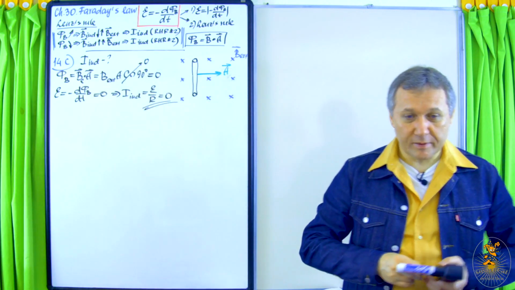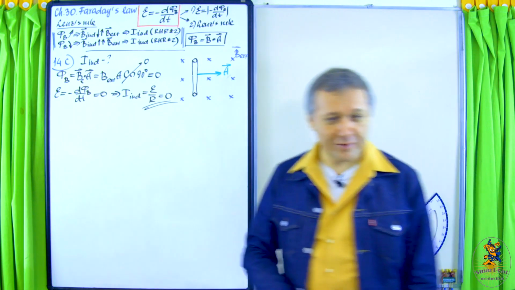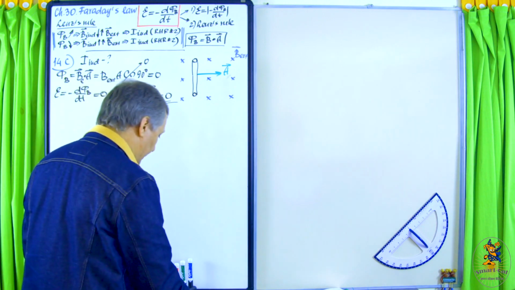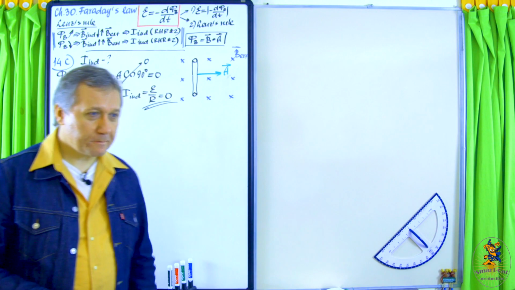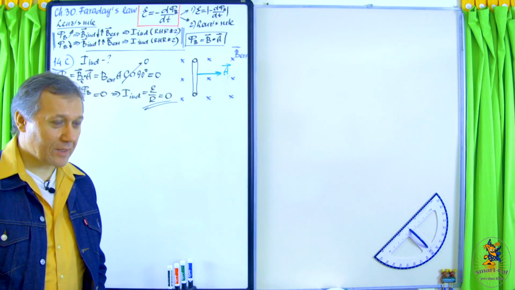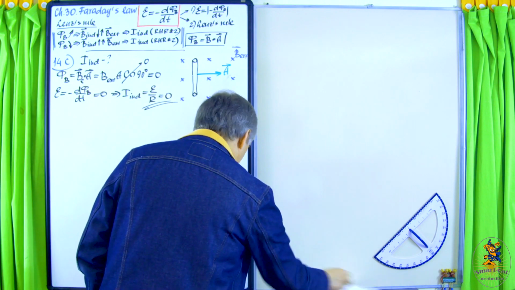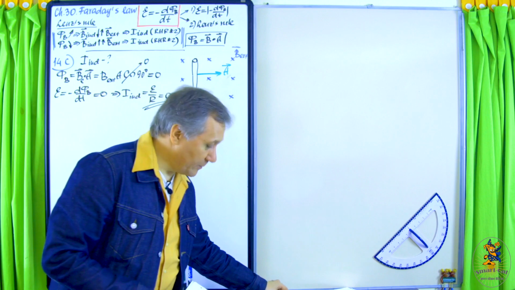But again, the conceptual explanation is that the magnetic field lines don't cross our loop. Again, if something is not clear, tell me. I will explain deeper, although I think I am trying to be as thorough as possible.